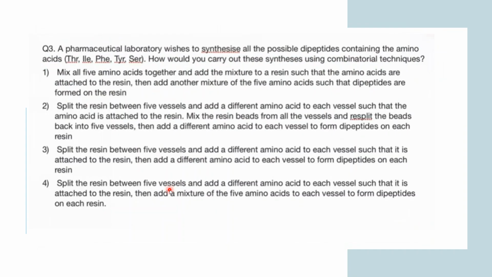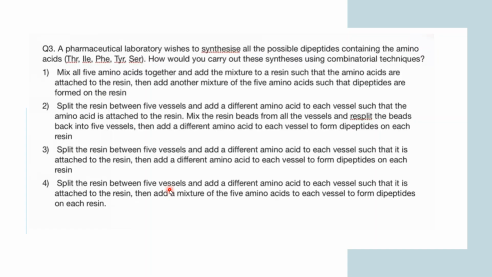The first option is to mix all five amino acids together and add the mixture to the resin such that the amino acids are attached to the resin, and then add another mixture of five amino acids such that dipeptides are formed on the resin. To understand this question, please go through these four options thoroughly so that we can see what the combinatorial technique is and how it is affecting it.